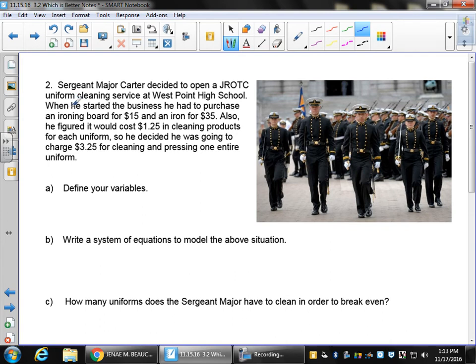Define variables. Notice I didn't pull out my highlighters yet because I didn't see any clear comparing two companies, comparing two people, nothing like that. What we have here is a cost versus profit y equals mx plus b system.